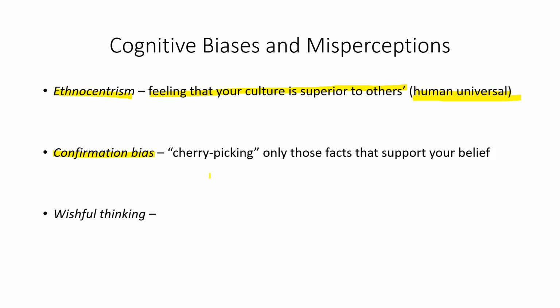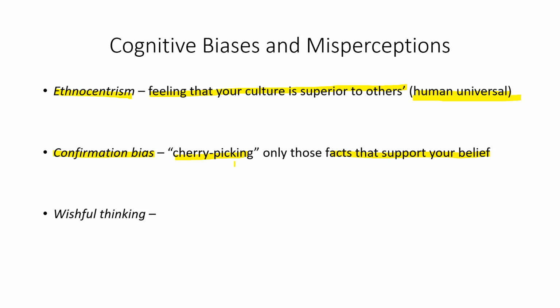If you are loyal to a belief or you've got certain ideas and perceptions biased towards a certain ideology, then we have a tendency to cherry pick only those facts that support our beliefs. And then we conveniently ignore those facts that are counter to our belief.